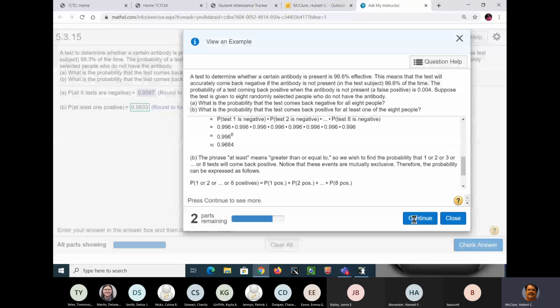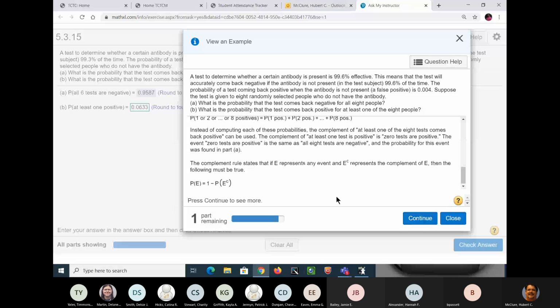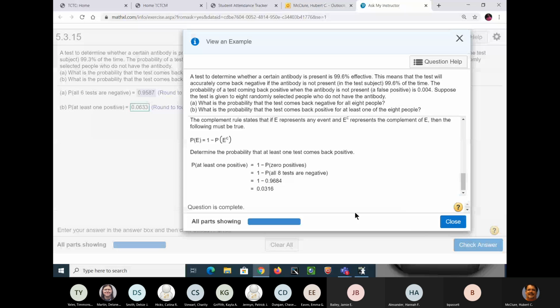Yeah, see 0. And there it is, 1 minus the probability of 0. And they give you, let's see, 1 minus 0 positive, 1 minus the 0.9587 probably.